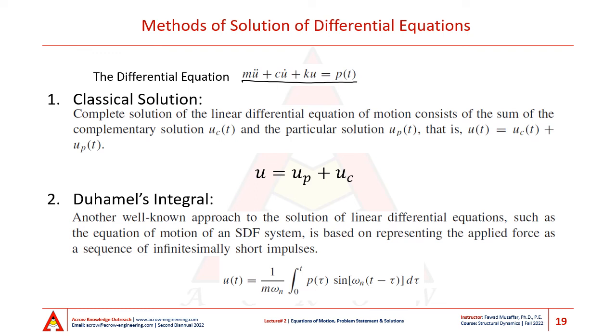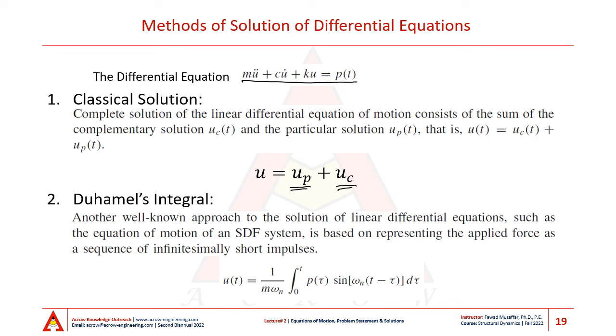The classical solution: there are four different approaches to solve this equation of motion that we are going to talk about in this lecture. The first approach is basically to resort to the classical solution of this linear differential equation. The solution consists of a particular solution and a complementary solution.